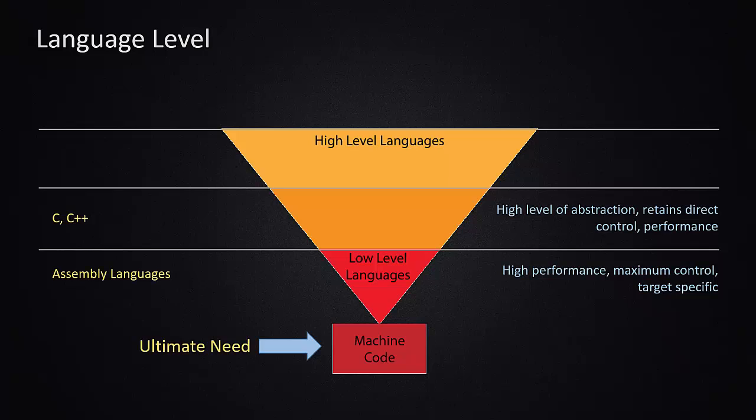But we also retain a lot of direct control over the hardware. If we want to, we can get down pretty low in the control of the computer. As a result, these intermediate level languages tend to retain a lot of performance and yet are functional for humans to program in without too much difficulty.